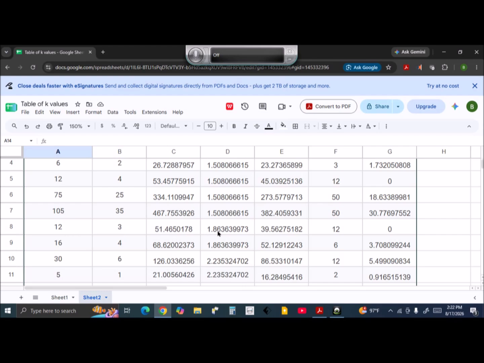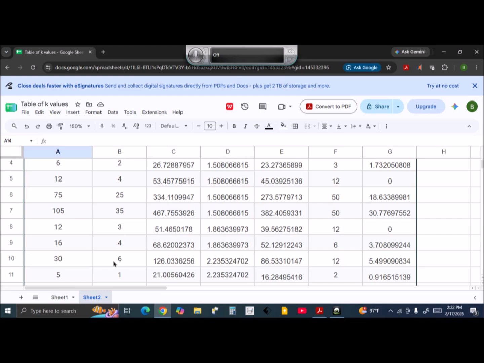We get 1.8636399973. And now 16, which is 4 times 4. And it repeats again. So I figured there was no need to do as many examples because the pattern is clear.